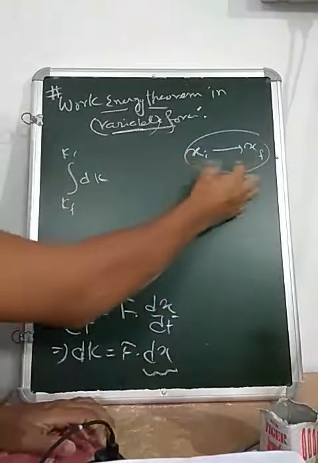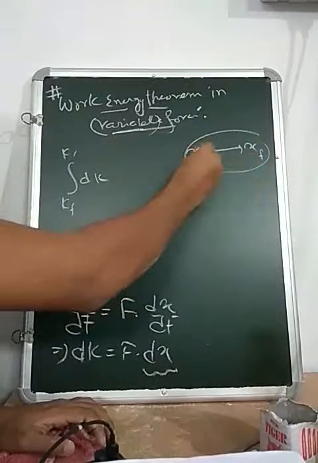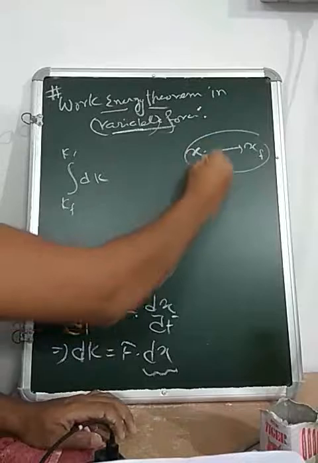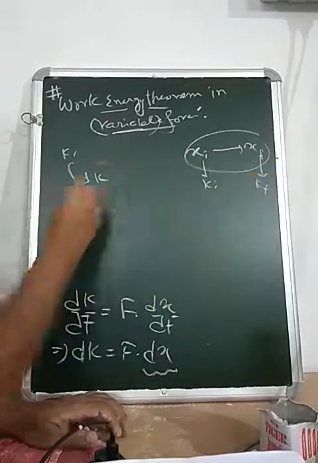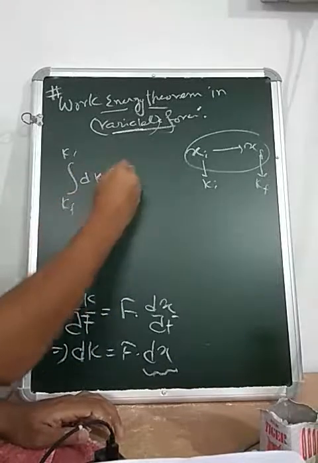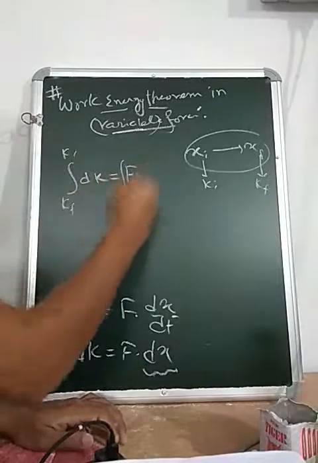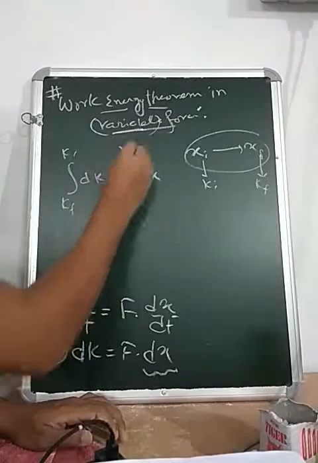We have to calculate the displacement or work done in this range, from xi to xf position. The kinetic energy at xi position is Ki, and the kinetic energy at xf position is Kf. So we can integrate the kinetic energy term from Ki to Kf, equal to the integration of F dx from the initial to the final position.